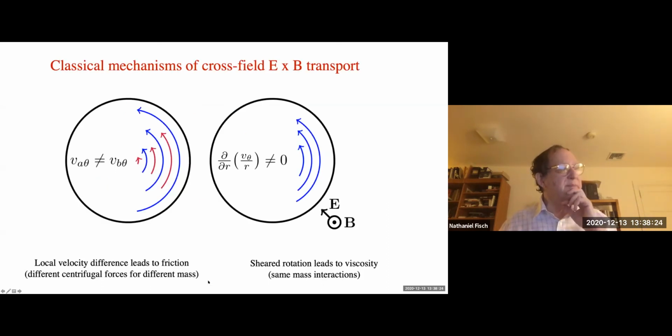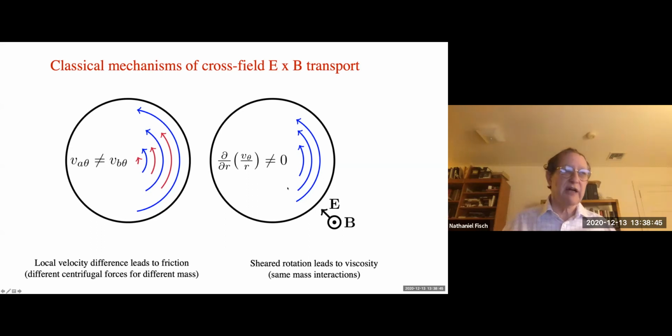And the answer is yes, it's possible, but it depends. So you have to look at what at least the classical mechanisms of cross-field transport are, and they could either be frictional because of the local velocity difference at any particular point, or it could be because of the rotation shear.